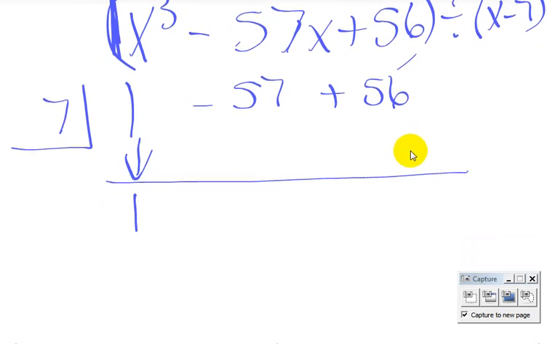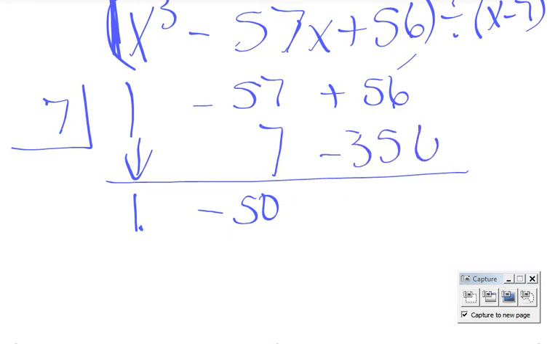So now we're going to multiply. 7 times 1 is 7. And now we're going to add them. So negative 57 plus 7 is just negative 50. And now repeat the process. 7 times negative 50. Well, 7 times 5 is 35, so add a 0, 350, and your negative sign, negative 350.